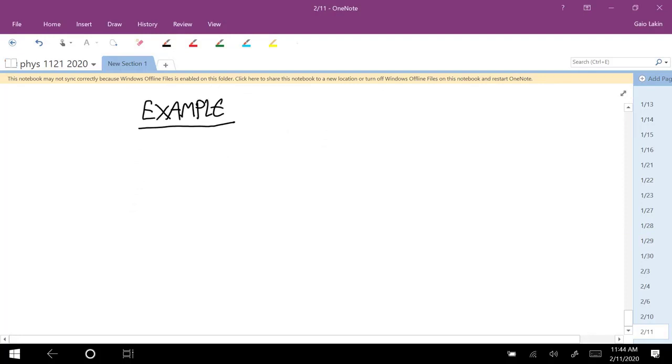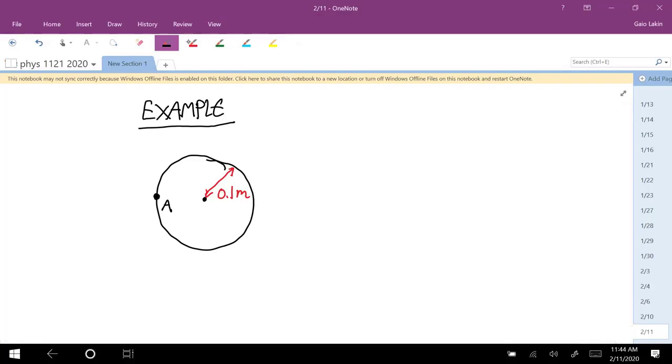Okay, so let's say that you have this circular motion and the radius of this circle is 0.1 meters. And this is the point that we care about. That's where the object is at the point we care about. And let's say that at the point A, omega is equal to negative 20 radians per second.